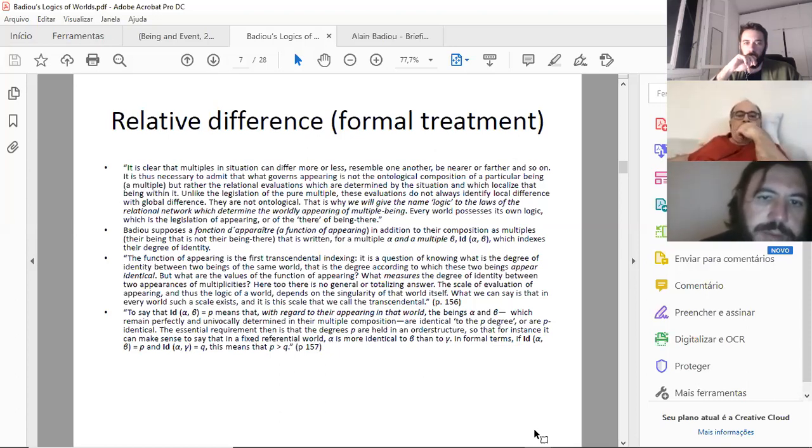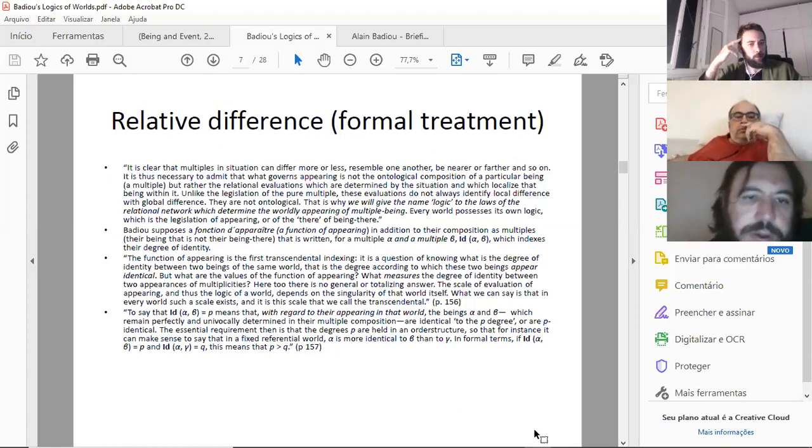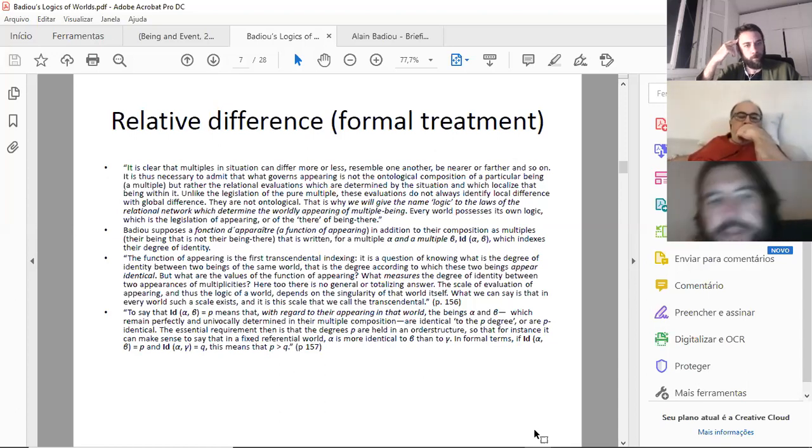That is why we will give the name logic to the laws of the relational network which determine the worldly appearing of multiple beings. Every world possesses its own logic, which is the legislation of appearing or of the there, of being there.